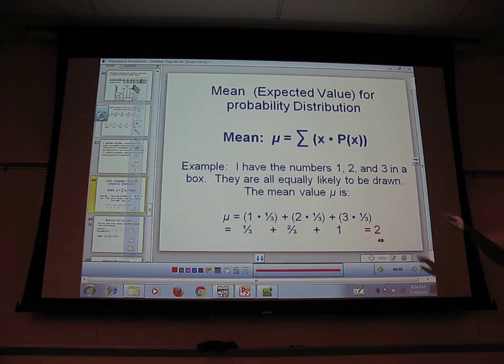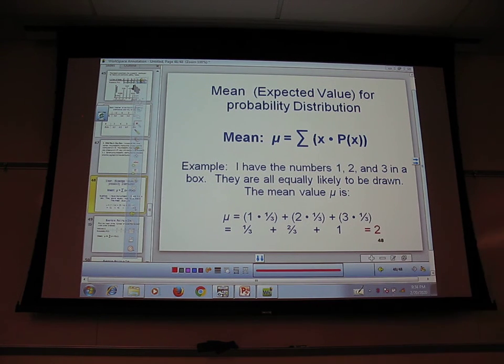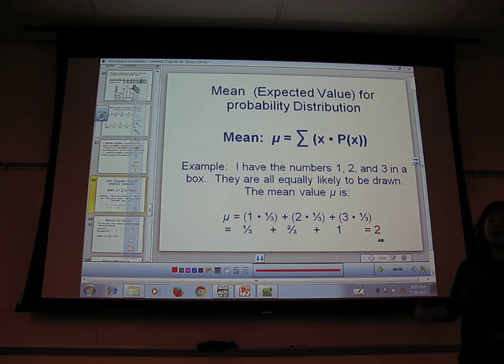You take every x value, you multiply it by its probability, its weight, and then you add those up. You divide by the sum of the weights. But what's the sum of the probabilities always going to be? 1, or 100%, right? So you don't even have to divide because it's just divided by 1. You get the same thing you start with. So multiply every x value by its probability and add them up. Done.